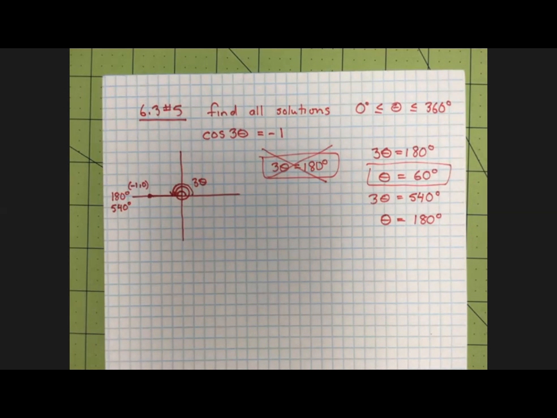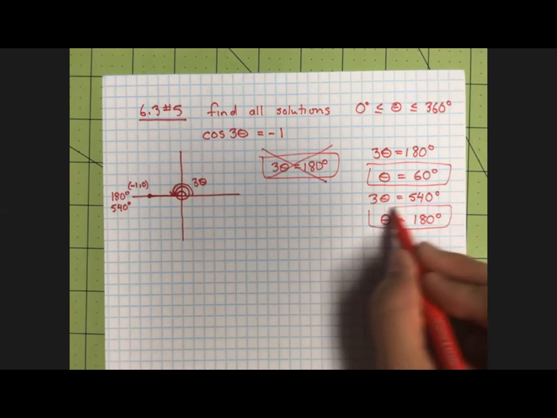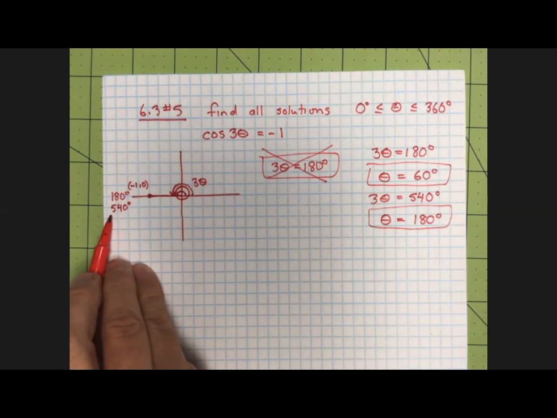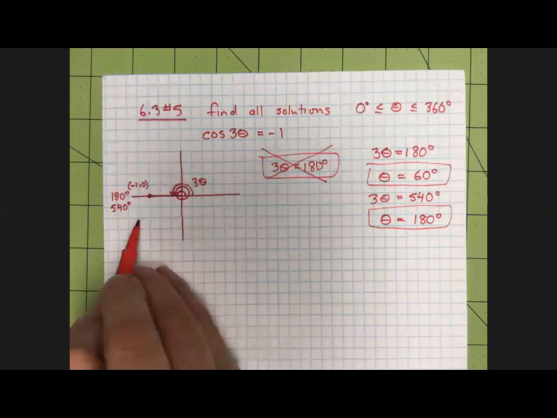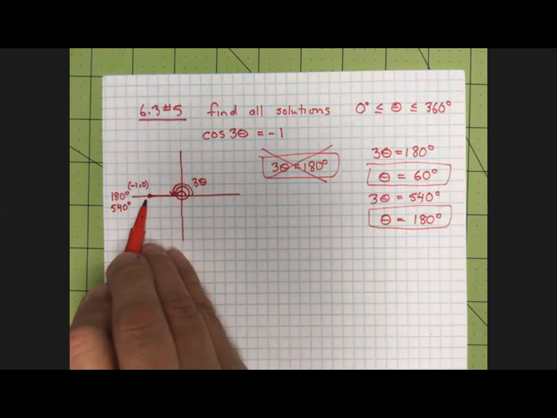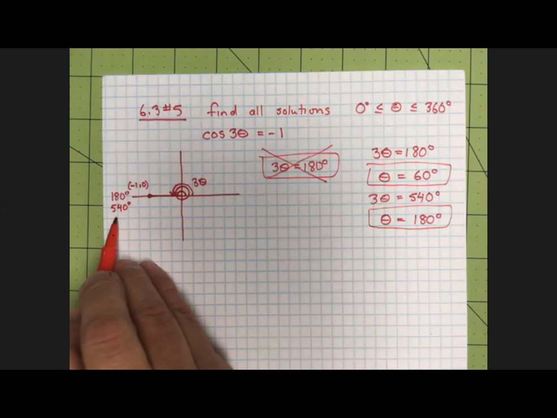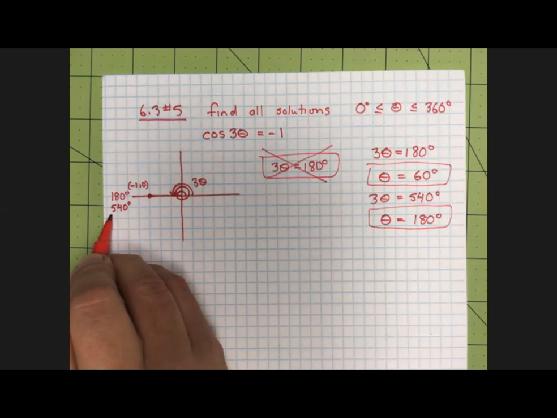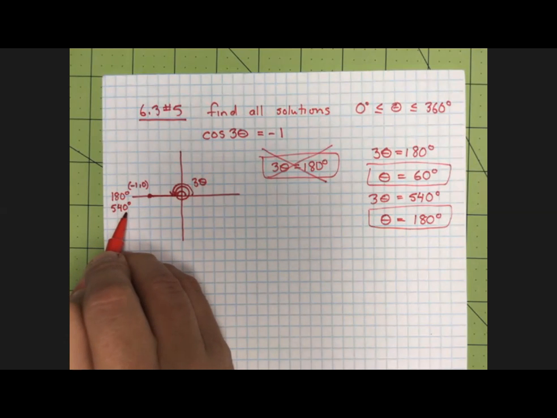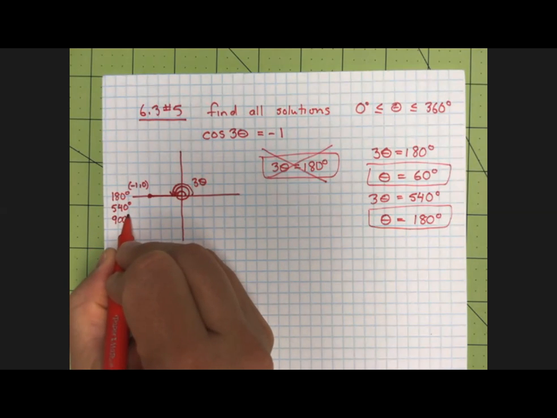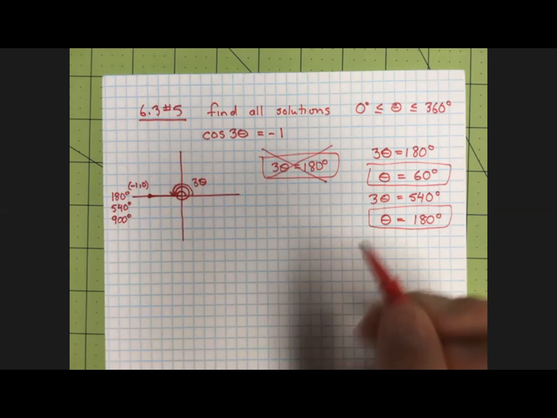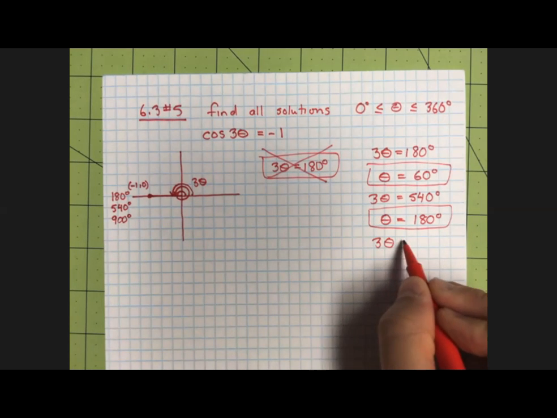I wonder if I should try for another one. What's 540 degrees and another trip around? What else is coterminal with 180? 180, 540. Let's go another circle around. That would be what? 540 plus 360? That's 900 degrees. Could 3 theta be 900 degrees?